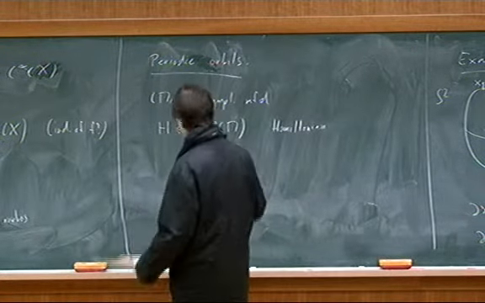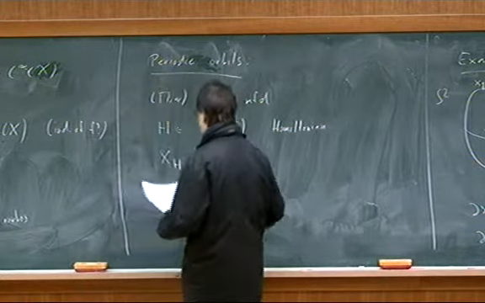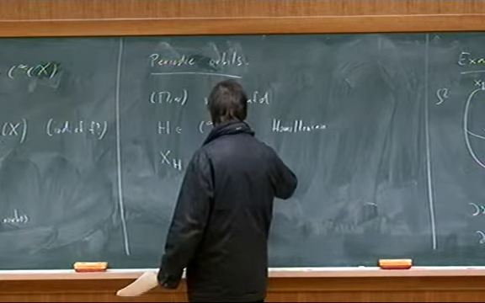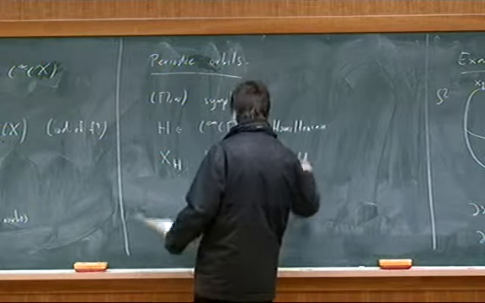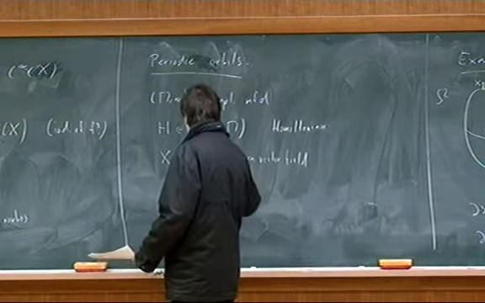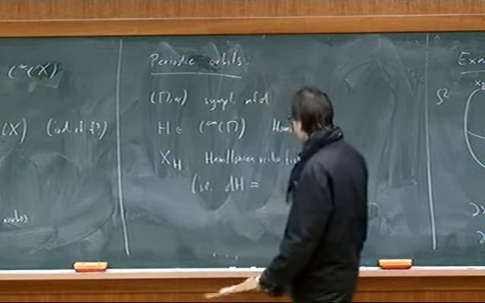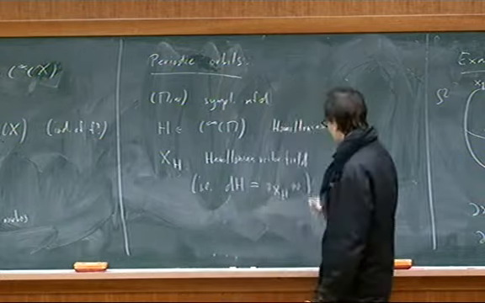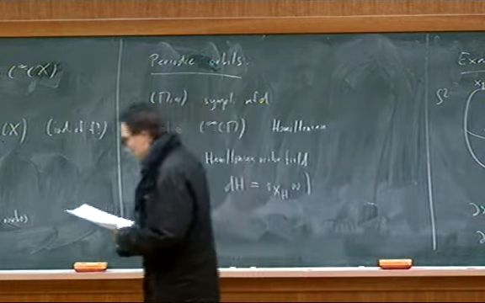To this function we can associate a Hamiltonian vector field, X_H, which is implicitly defined by the condition that the one-form dH equals omega(X_H, ·), that is, if we plug X_H into the two-form omega, we get dH.